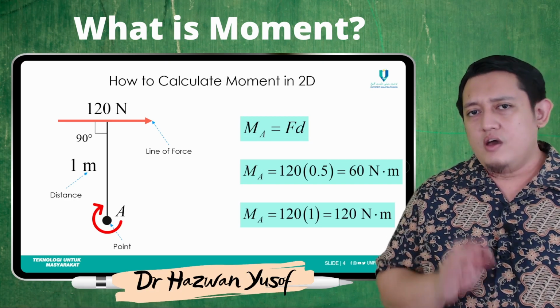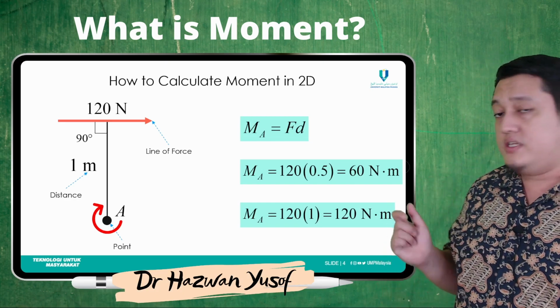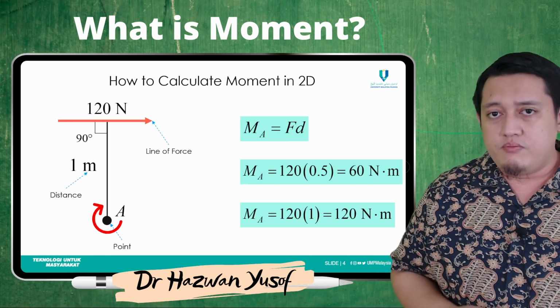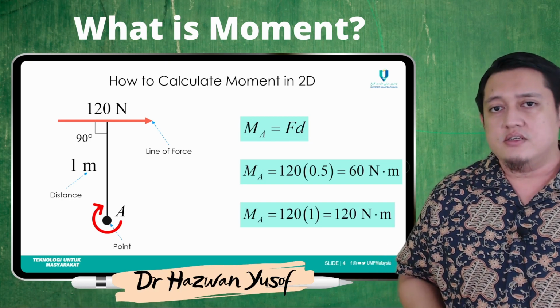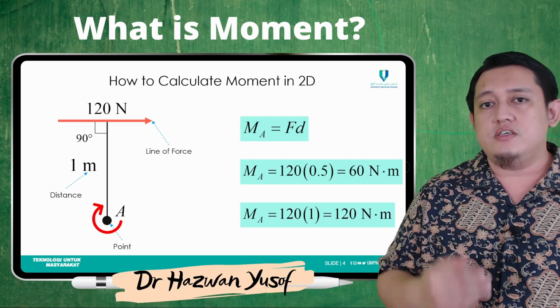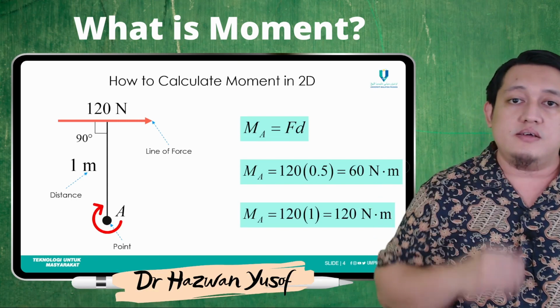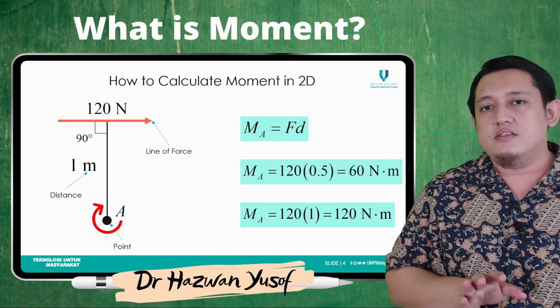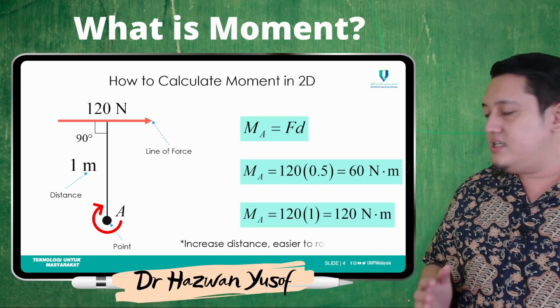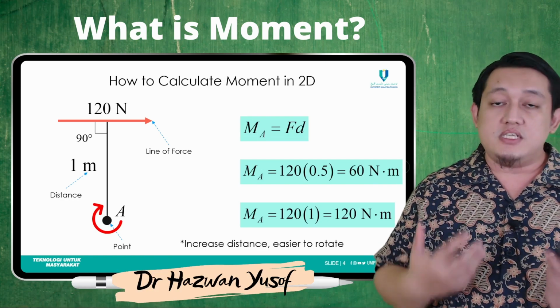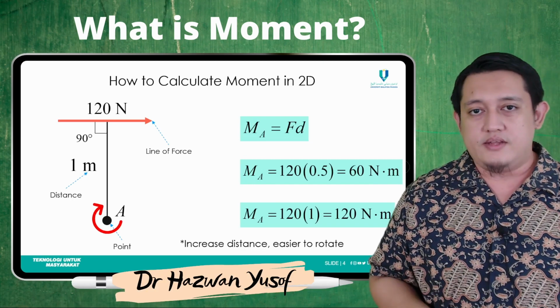As you can see, when we increase the value of distance, the value of moment also increases. If we refer back to the definition of moment, which is the tendency of a force to rotate a body, it means that if we increase the distance, it will be much easier for us to rotate.